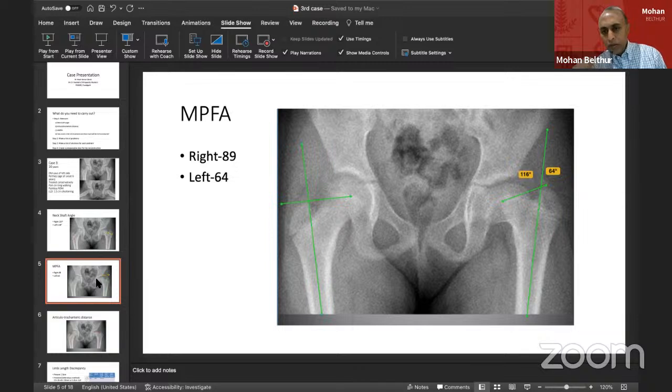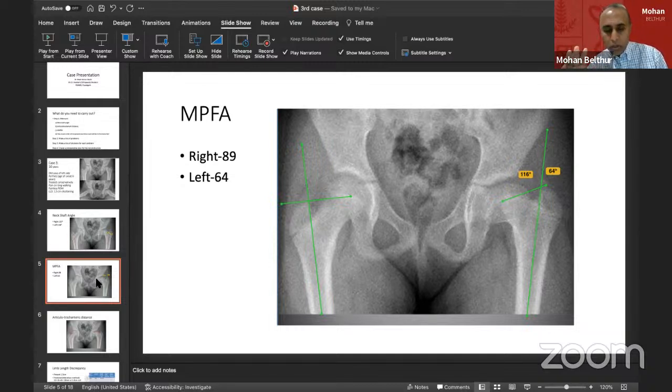The other thing I want to point out is the difference between Marshall and the valgus osteotomy of Wagner, because the acetabulum is a little bit dysplastic here. If you do a valgus osteotomy, it's going to uncover your femoral head eventually, so you'll have to do an acetabular procedure. If you don't want to change the orientation of the femoral head to the acetabulum, that's where the Marshall osteotomy is helpful.